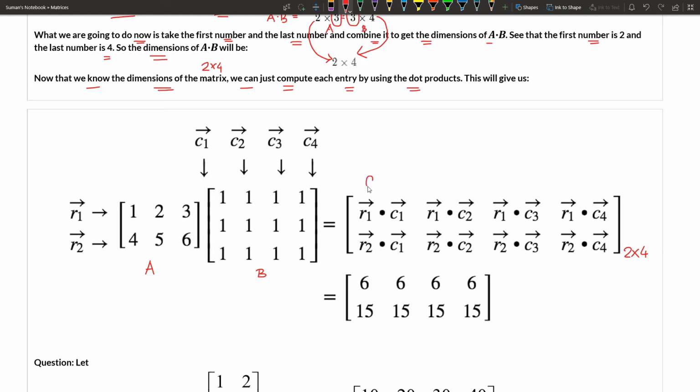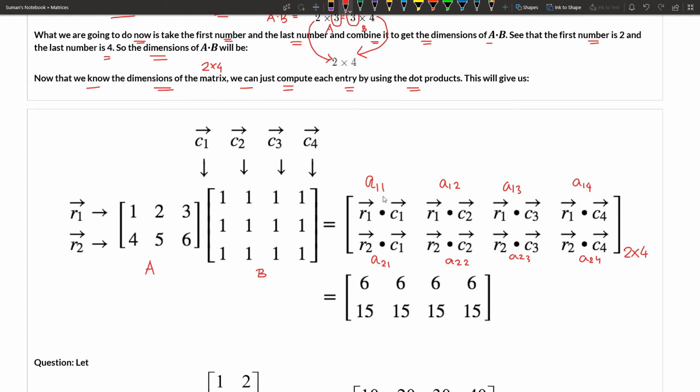So that must be our A11, A12, A13, A14, and the next row is A21, A22, A23 and A24. Just look at the dot product of the row and column vectors.